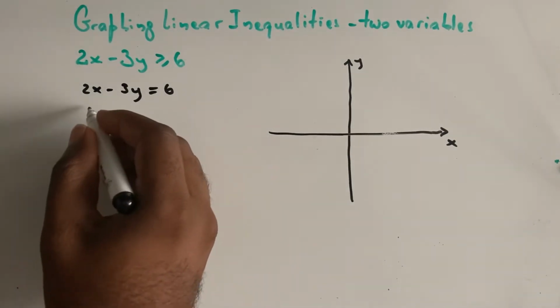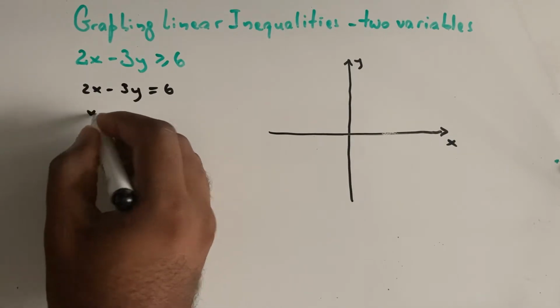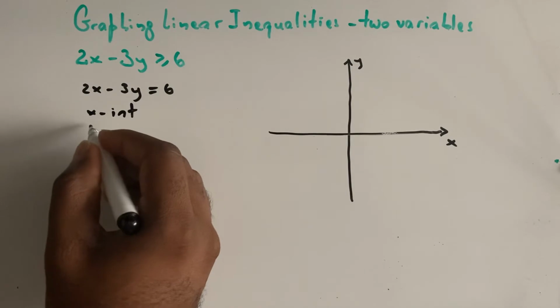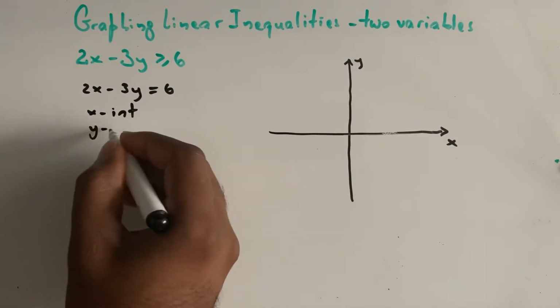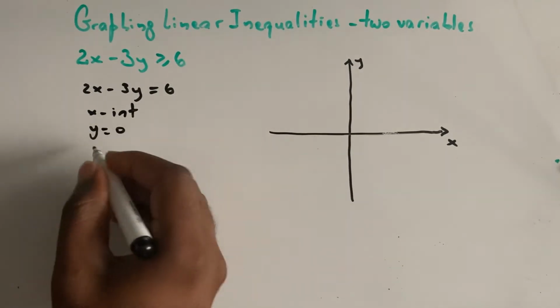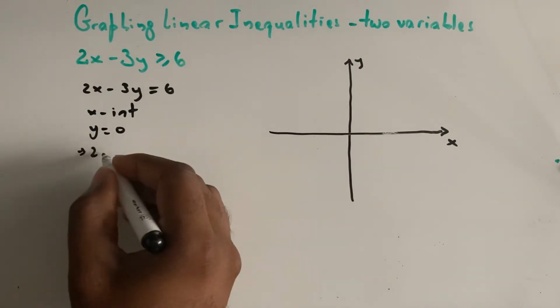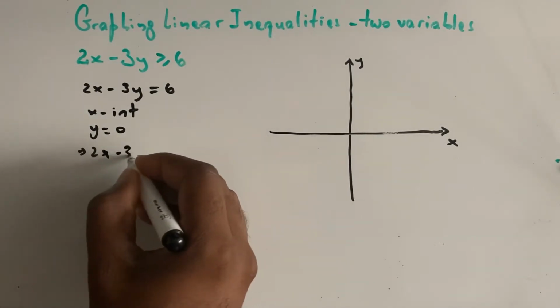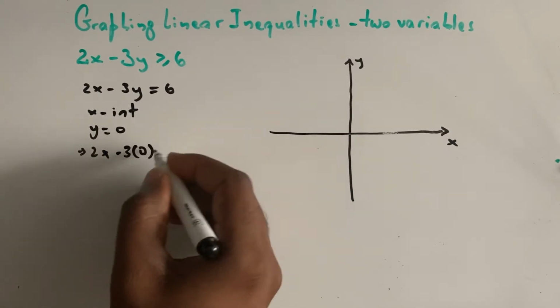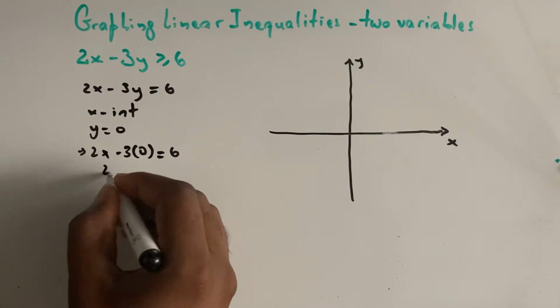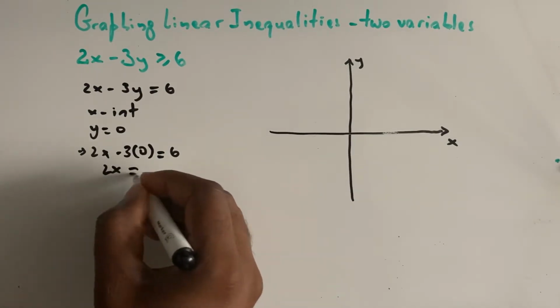Let's get the x-intercept. By getting the x-intercept, I'm going to let y be 0. If y is 0, then I'll have 2x minus 3 times 0 equals 6, so 2x equals 6.